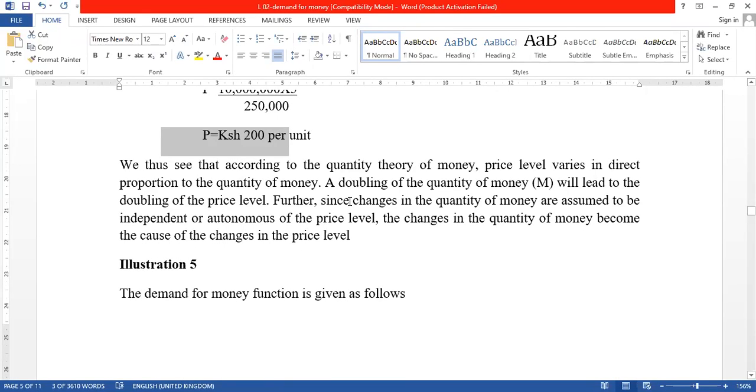If quantity is increased, the price does increase, just as we have seen. We have increased money from 5,000 to 10,000, and the price has gone from 100 to 200, which means doubling the amount of money will lead to doubling the price level. Since the changes in quantity of money are assumed to be independent or autonomous of the price level, it means that changes in quantity of money become the causes of the changes in the price level.